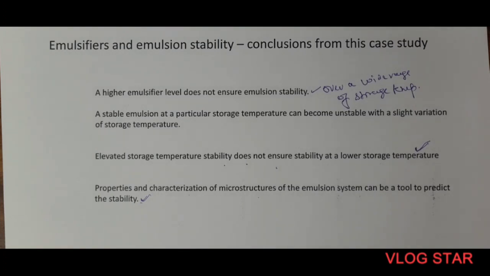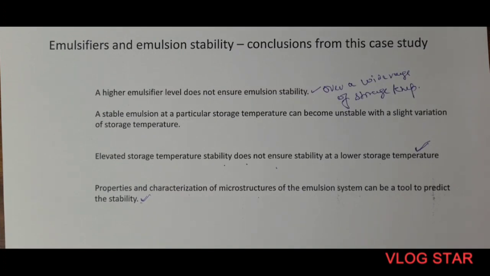Sometimes with the quality of raw materials you're getting, all the parameters are okay, but there might be something very, very different which is not shown in the quality parameters, and that can create havoc in your formulation. All the time the batch was good, and suddenly there is a market complaint.